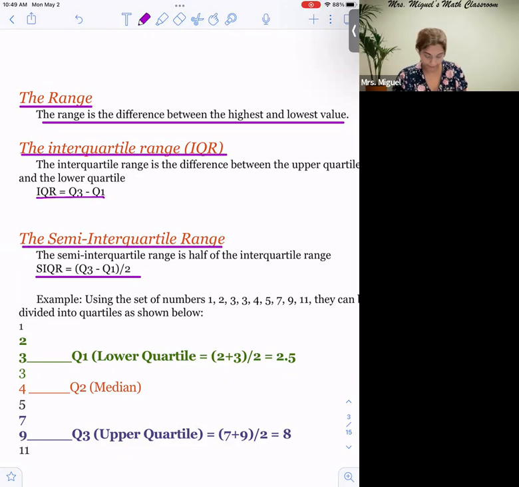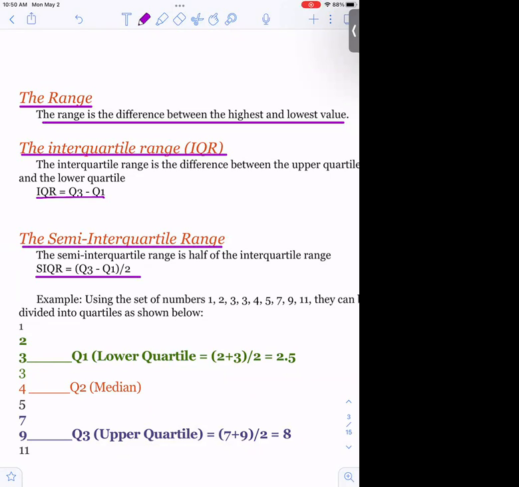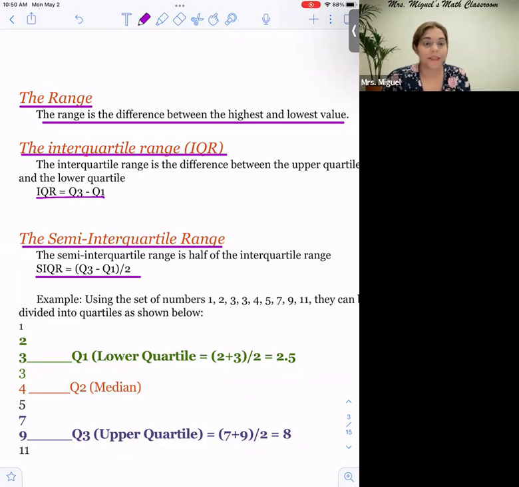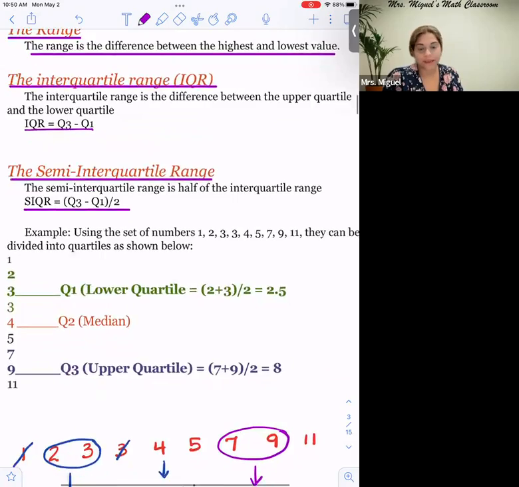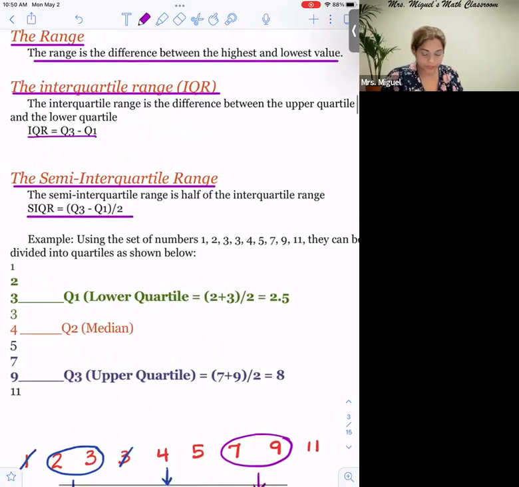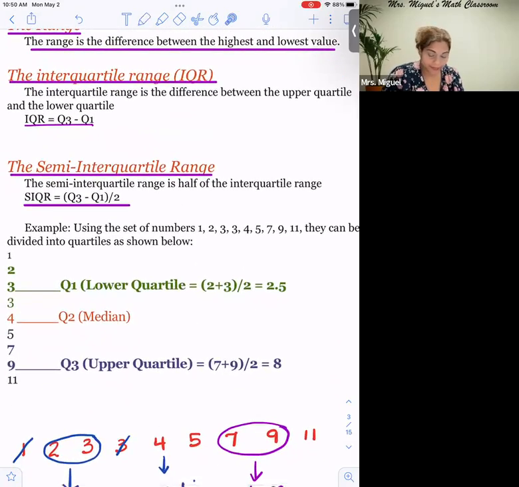Are we finished writing? Yes, miss. All right, so everybody knows, in the data set, let's find the range and we move on. In the data set here, find the range for me.